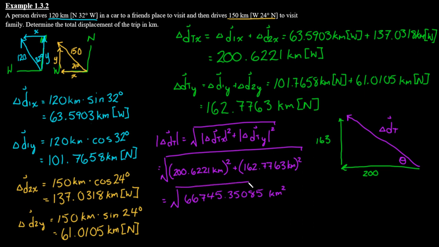Take the square root of that value, and that will give us the magnitude of our total displacement vector. So I end up with 258.3512 kilometers. And then we want to find what that angle is.